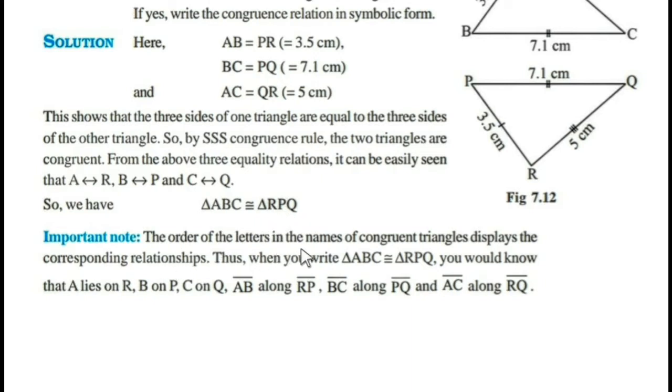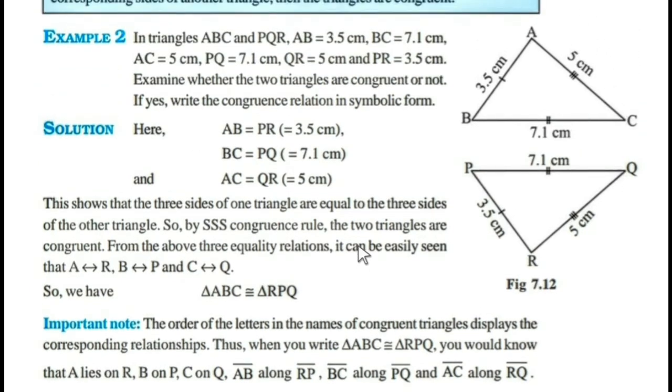Thus, when you write triangle ABC congruent to triangle RPQ, you would know that A lies on R, B lies on P, C on Q, AB along RP, BC along PQ, and AC along RQ.